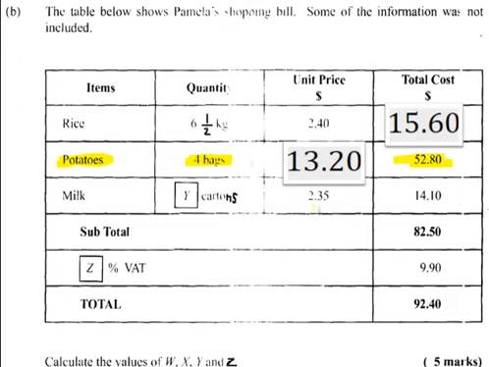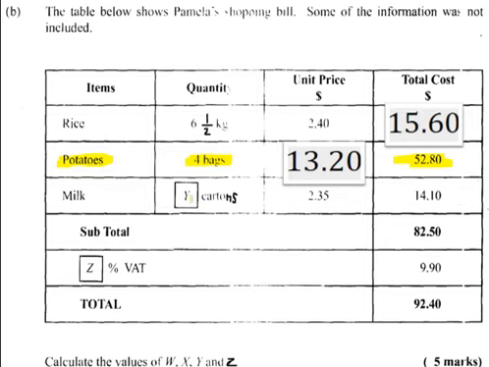Now over to the milk. We are given the unit price of the milk, that's $2.35. And the total cost is $14.10. But we are not given the quantity of milk or the number of cartons that were bought.